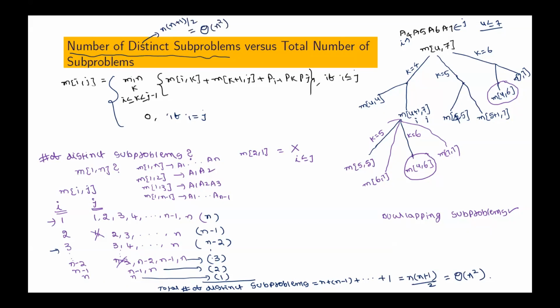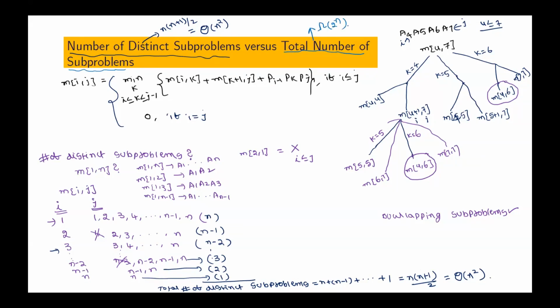But what is the total number of subproblems we are solving in the previous recursive algorithm? We have already calculated it. It is big omega of 2 power n.